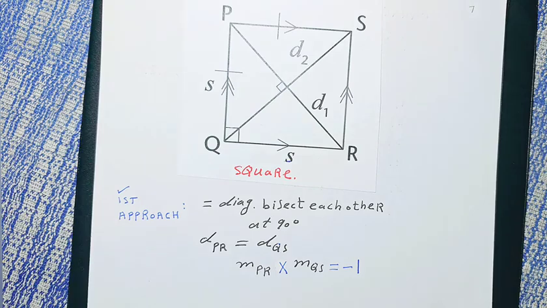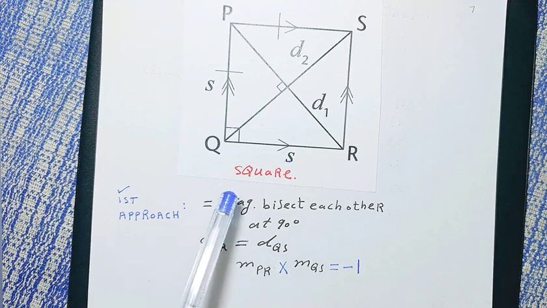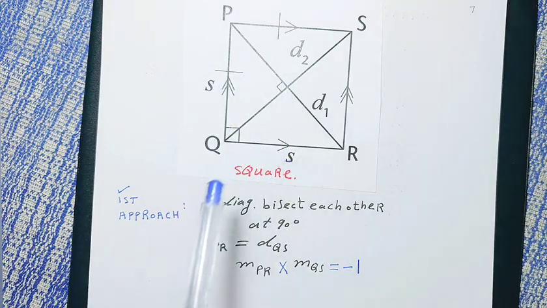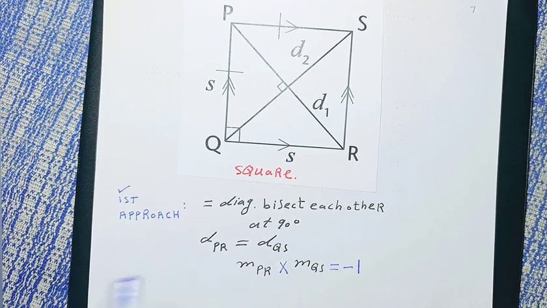So in that way, when both of these requirements are met, we can say this is a square. Now you must remember this is also in the parallelogram family. If they already indicate that this is a parallelogram and you have to prove a square, then you're going to fulfill these two conditions.